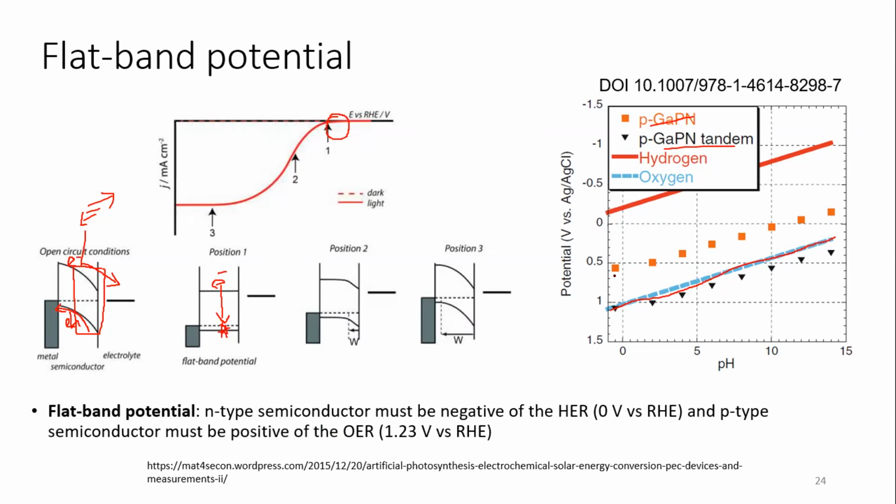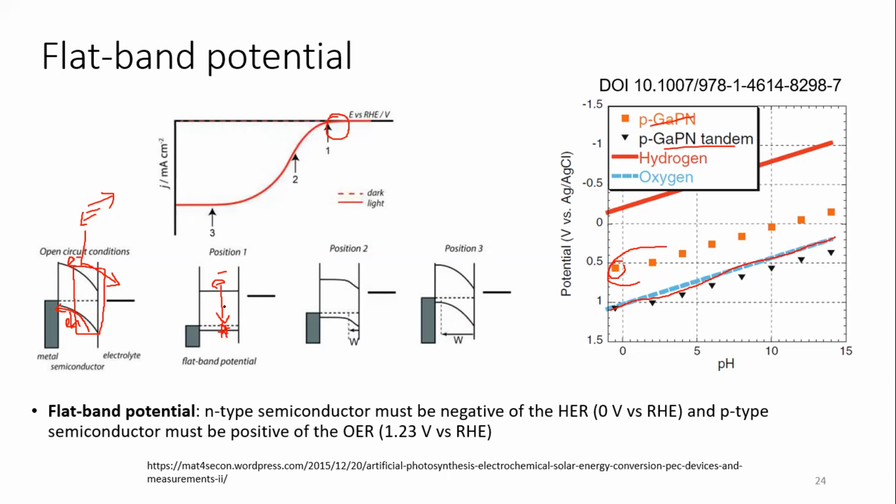For this one, the flat band potential is somewhere here, more negative than the oxygen evolution potential, whereas for the tandem, it is more positive than the oxygen evolution potential. If we have this kind of scenario, before we get the desired reaction the band will be flattened, so no more electron-hole pairs will be separated, leading to a reduction in photocurrent.